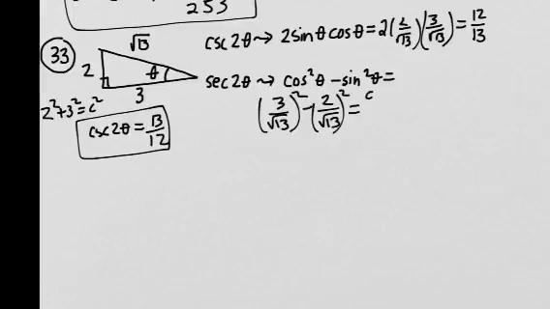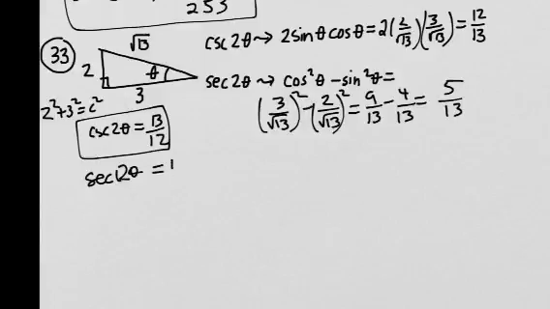So this becomes 9 over 13 minus 4 over 13, so that's 5 over 13. So secant 2 theta is the reciprocal of 5 over 13, so it's 13 over 5.